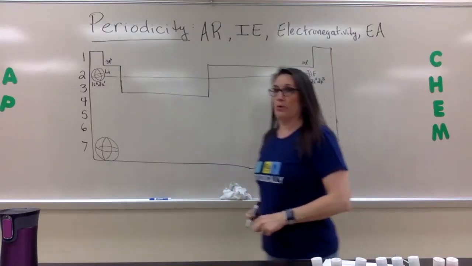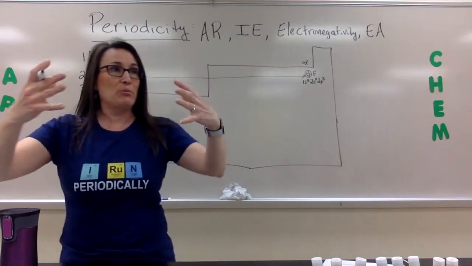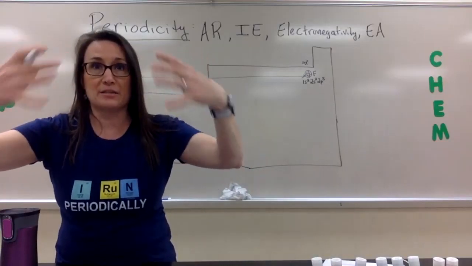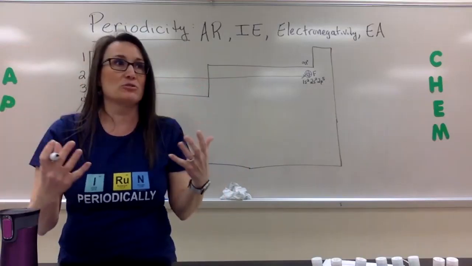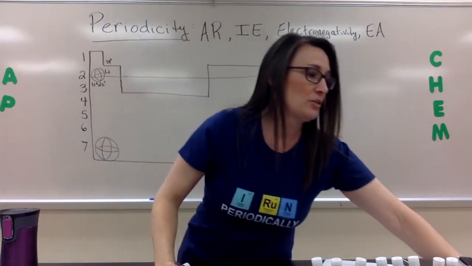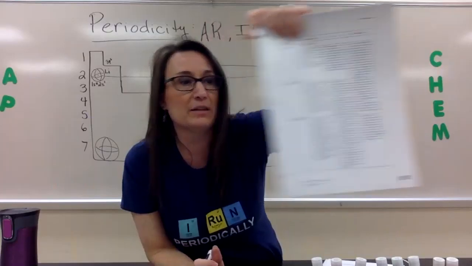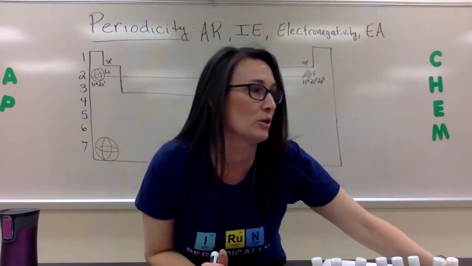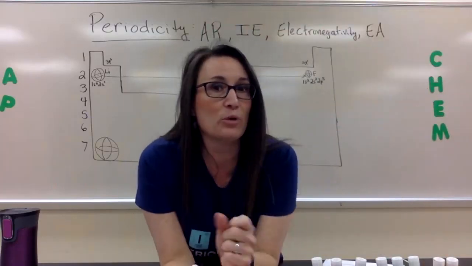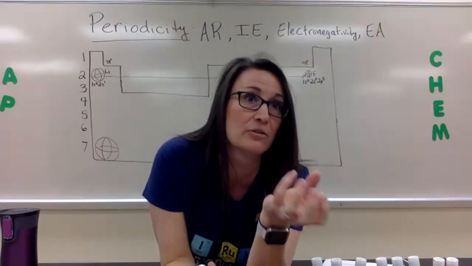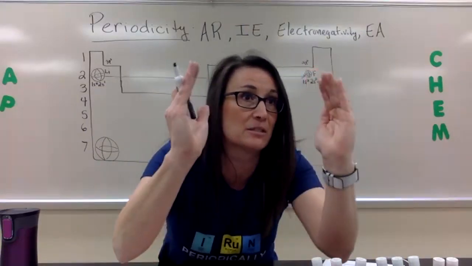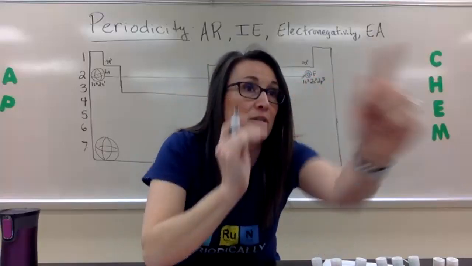There's a higher proton count that is able to pull on those electrons in that same energy level and pull them in. It has fancy names, and I think even in the rubric I printed for you, you can find how to explain it if you want to use the fancy terms. But they're really looking for same energy level, more positive protons pulling at the same distance, so the electrons get drawn into the center.